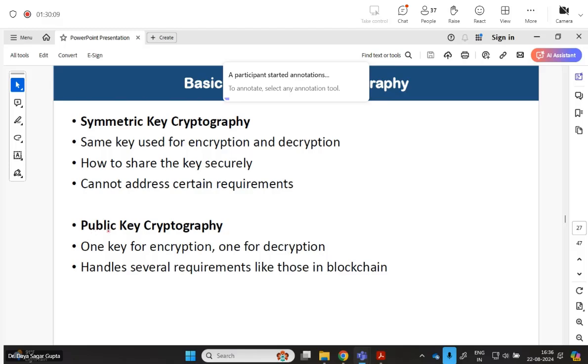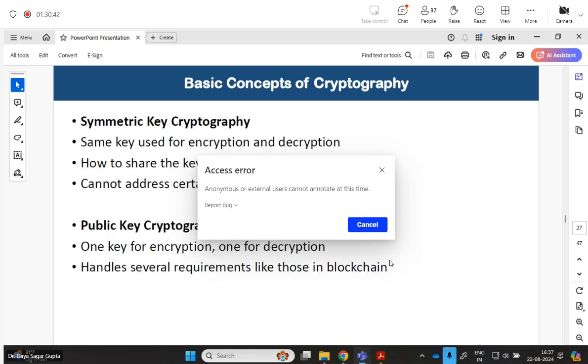Asymmetric key cryptography is sometimes also called public key cryptography, and symmetric key cryptography is sometimes called secret key cryptography or private key cryptography. What is different between these two cryptography types?